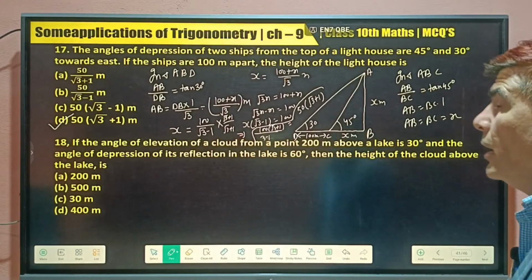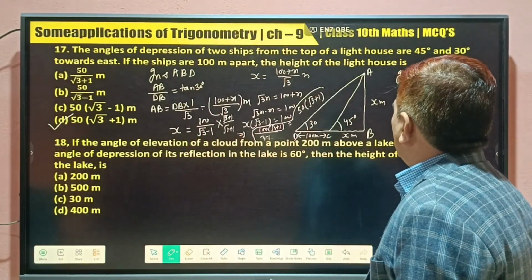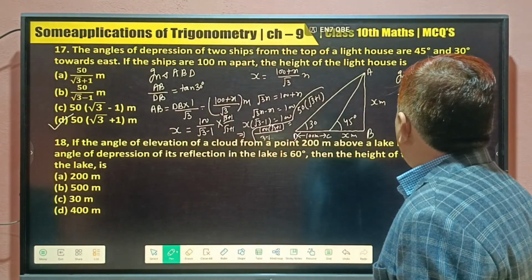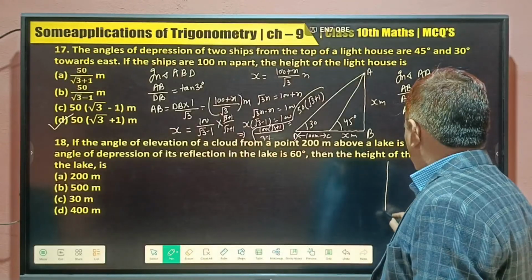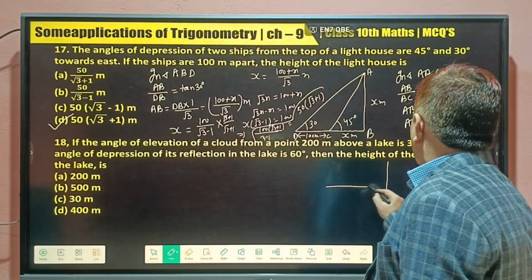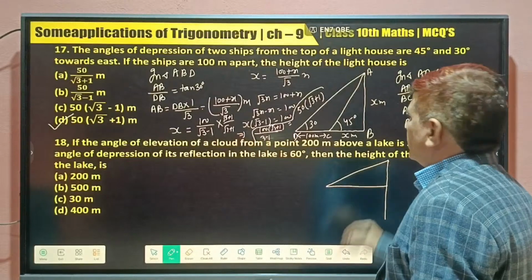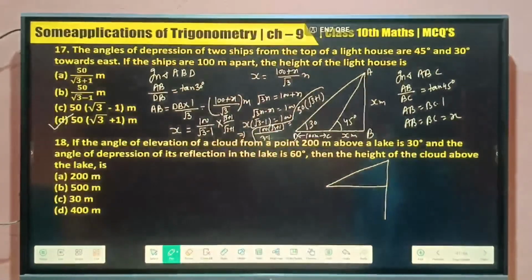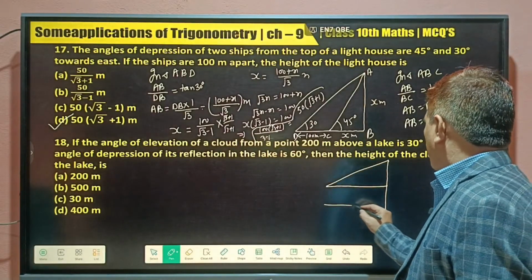Here, question number 18, if the angle of elevation of the cloud from a point 200 meter above a lake. So situation is like this. So this is lake. If the angle of elevation of a cloud from a point 200 meter above lake, so it's meaning this is a lake.